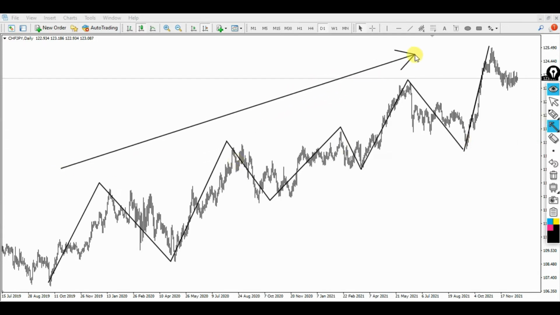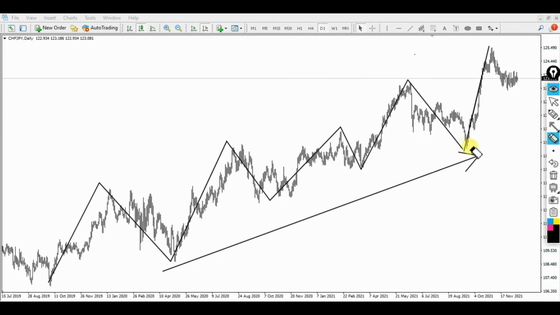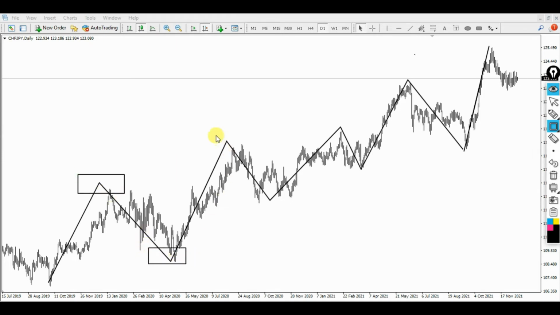We can see here, price moving in a particular direction over a period. Don't worry, we will also learn about these swing highs and lows. In this session you will get complete knowledge.